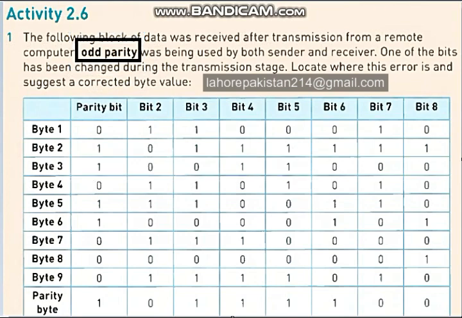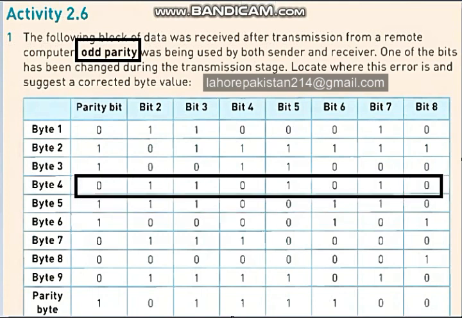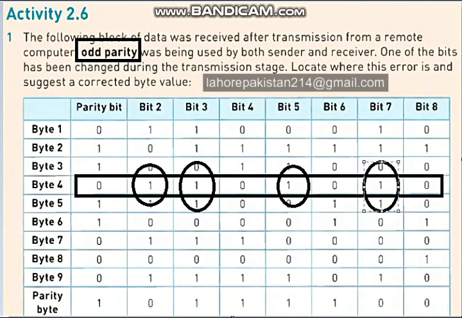Now let's check the fourth byte. Let's check the number of ones: 1, 2, 3, 4. You can see that 4 is an even number, so it means that there is an error in this fourth byte.